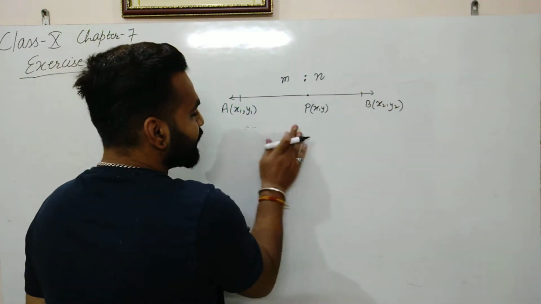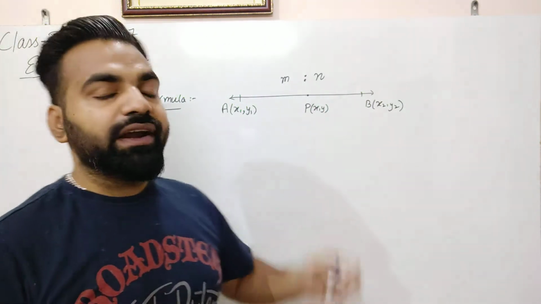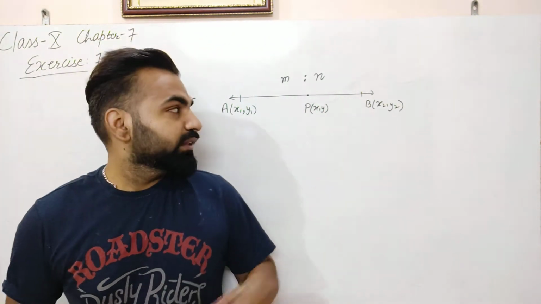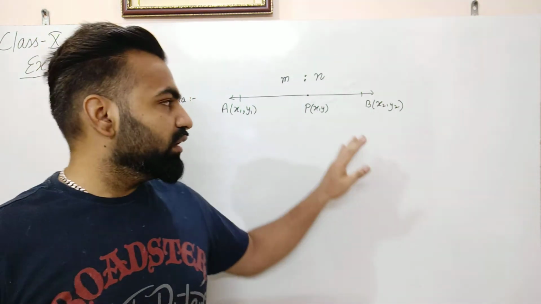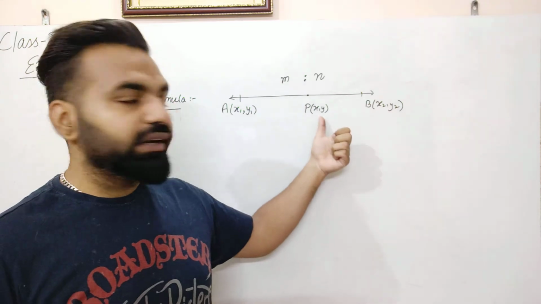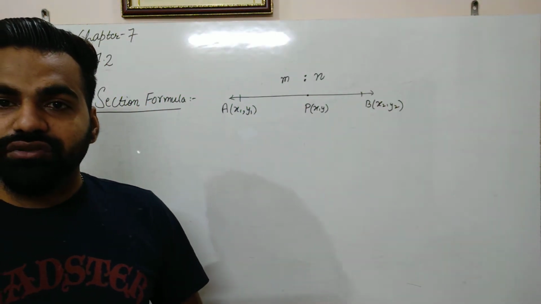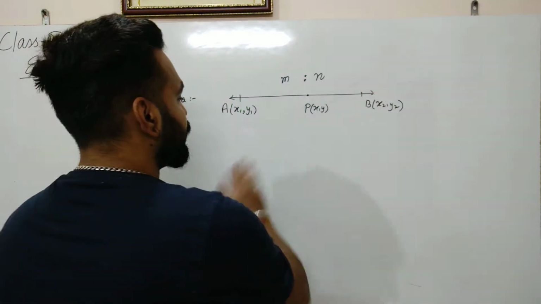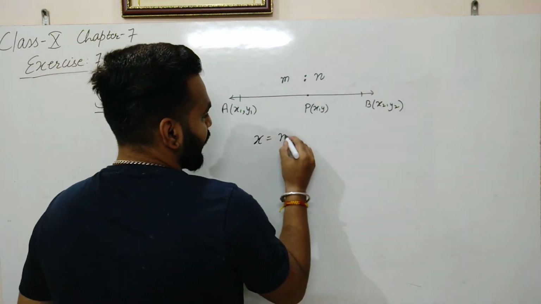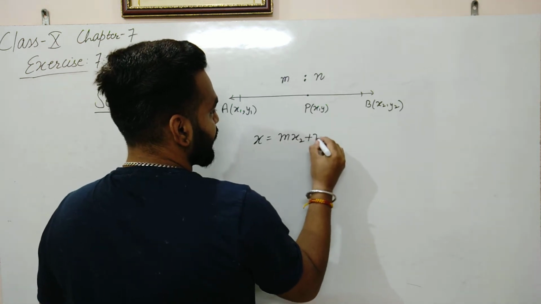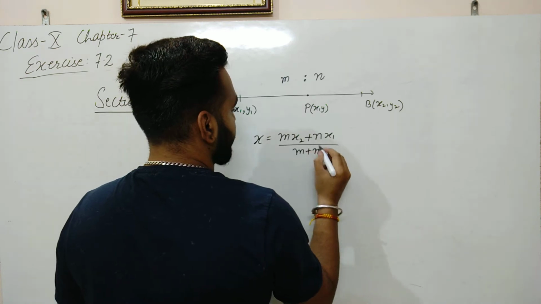Now we have to find the coordinates of this point P, x comma y. So point P divides this line AB in the ratio m/n. This is called the section formula: how to calculate the coordinates of the point which divides the line in the ratio m/n.